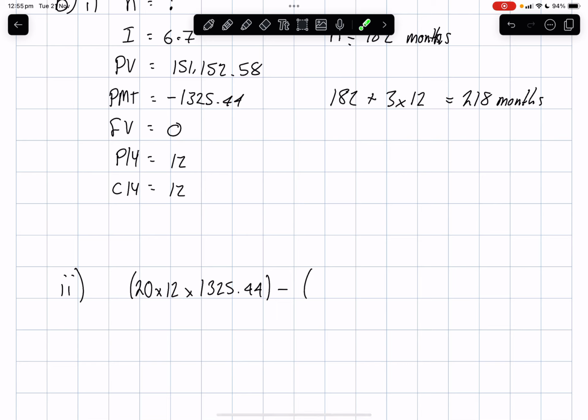It now takes 218 months with the inheritance times the same PMT, 1325.44. And we find that our friend Matt saves $29,159.68. So that is how much interest Matt saved overall by making this lump sum payment.